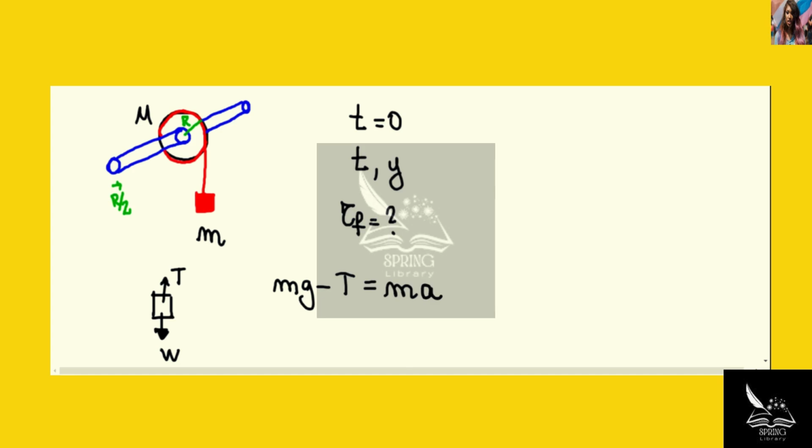of the counterweight. Now notice that delta x is equal to v0 t plus a t squared over 2 for uniform acceleration. In our case, delta x is just y, that's how much the counterweight fell. V0 is just 0, and this is equal to a t squared over 2.